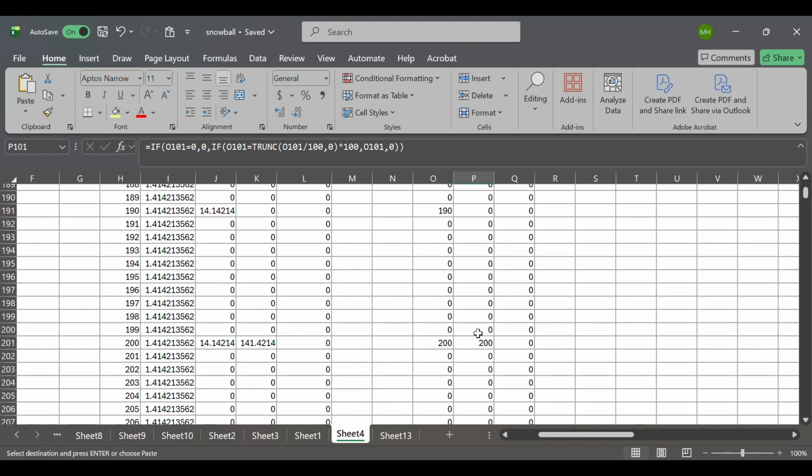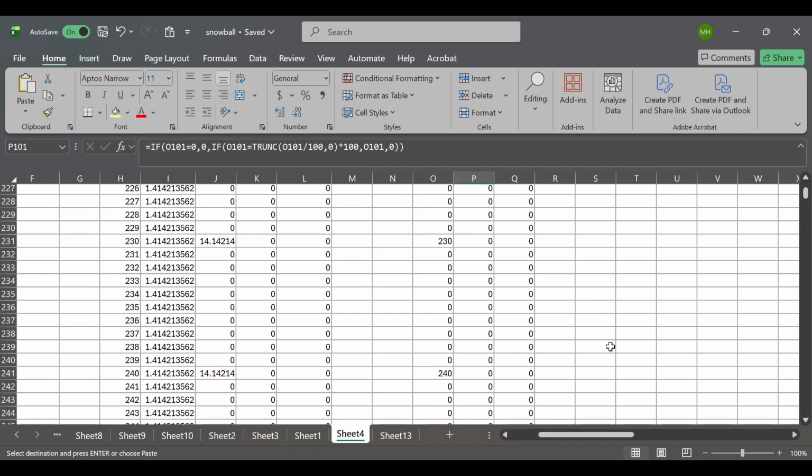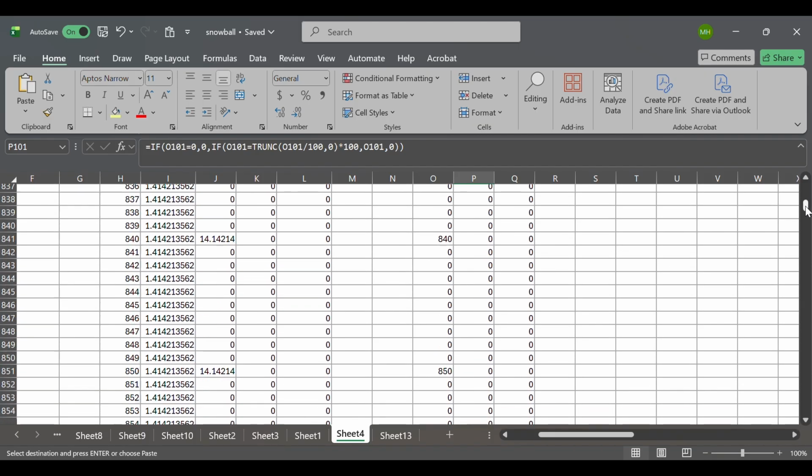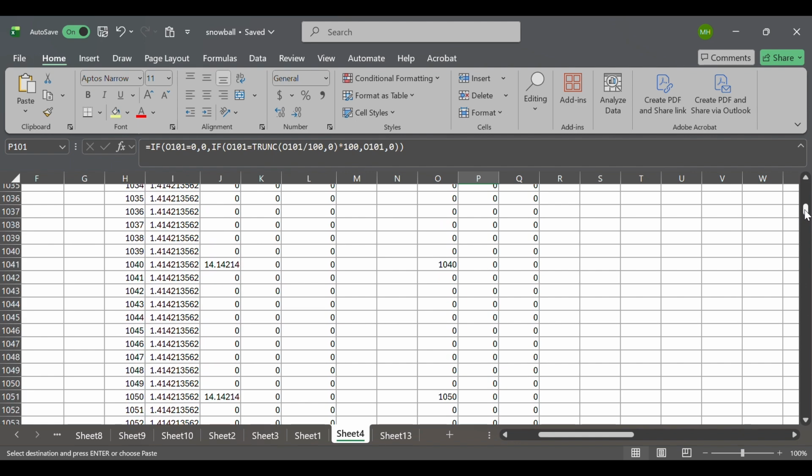And then the column to the right, it counts 100 each time. 100, 200, 300. Column to the right of that, it counts 1,000 every time. We'll have to hunt for 1,000.